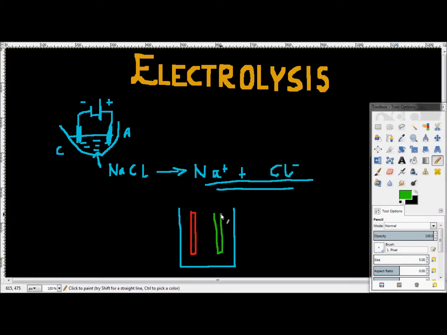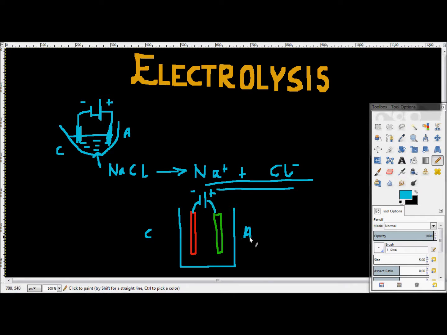Now cathode is connected to the negative terminal. Okay, so I'm just going to mark them, anode and cathode here, and you can see in this diagram as well, cathode is connected to the negative terminal. So negative terminal here and positive terminal over here.